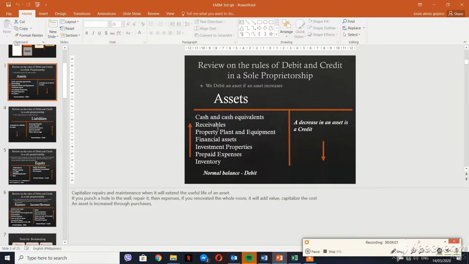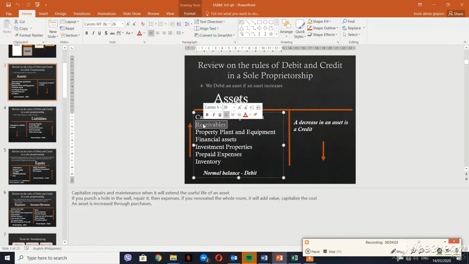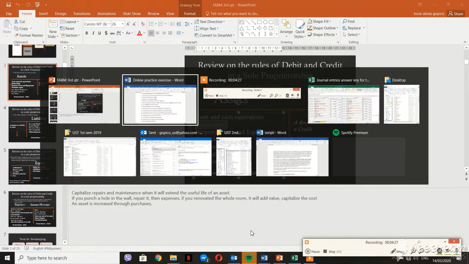Basically, you will have a receivable, okay? Receivable is something that you have not yet received, but you are supposed to receive it, okay? So, kung merong may utang sa'yo, dapat singilin mo sila, okay? Because you have a receivable. They owe you. May utang sila sa'yo, so they have a payable. You naman, you have a receivable.